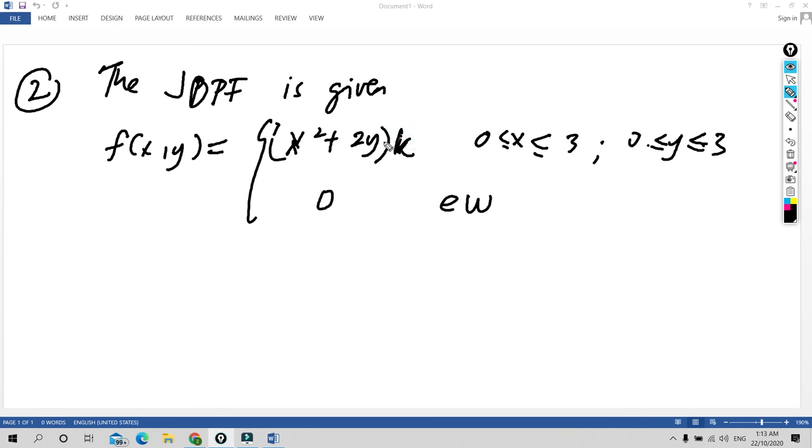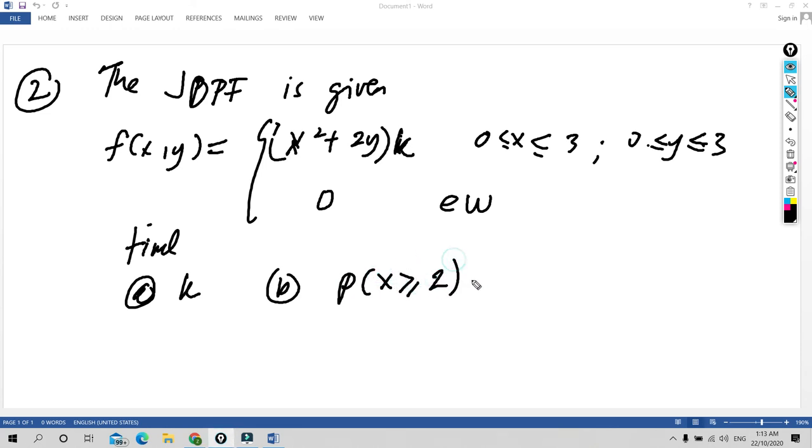Okay. So find a, k, and b, the probability of x greater or equal than 2. This in terms of value. Okay? What is the value here?